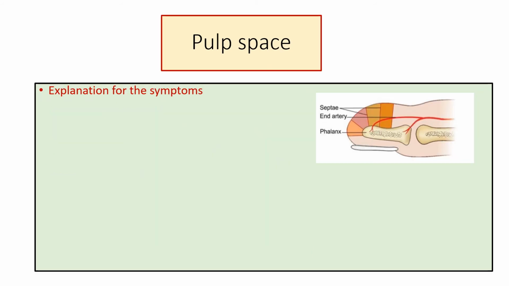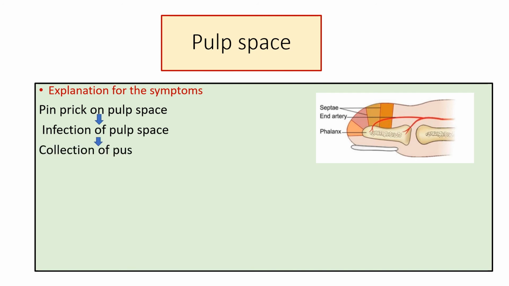So we can give an explanation for the present condition, which has resulted from a pinprick in relation to the pulp space. That has led to infection of the pulp space.